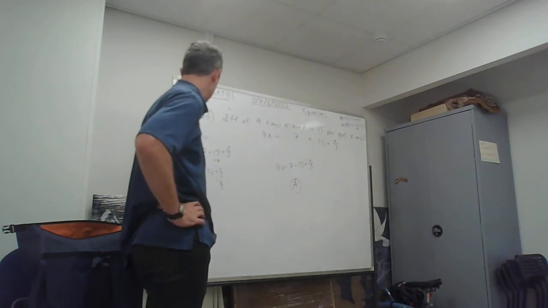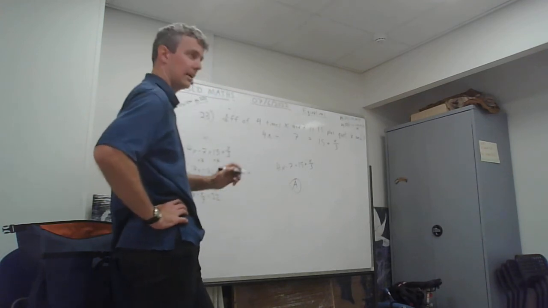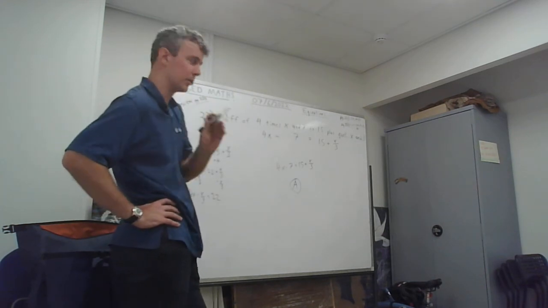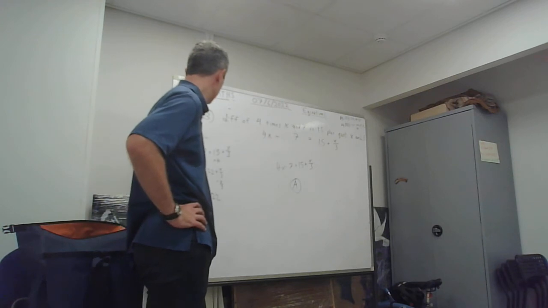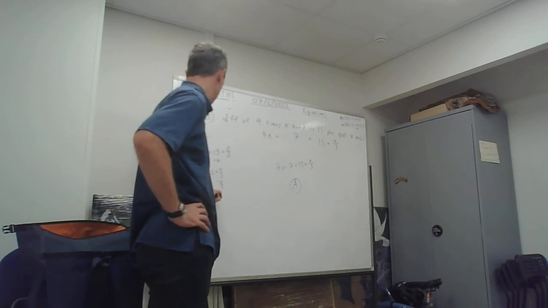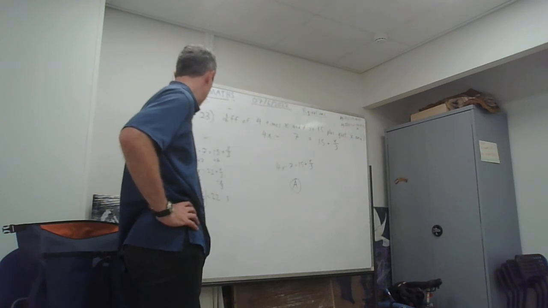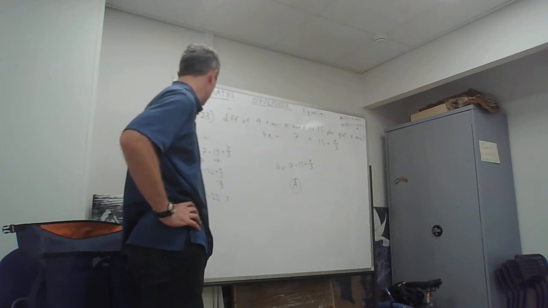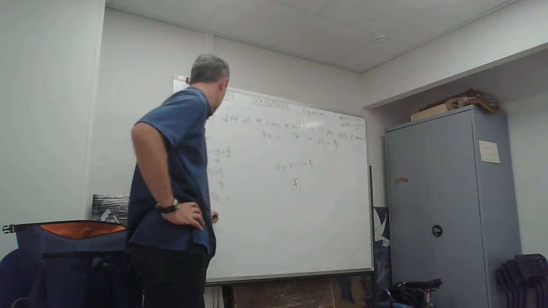And now I get 4x minus x over 3 equals 22. And now I'll do what you guys are saying. Let's multiply, I want to get rid of the 3. So I multiply the whole thing by 3. So 3 times 4 is 12. 3 times this is cancelled, so it becomes minus x equals 22 times 3 is 66.